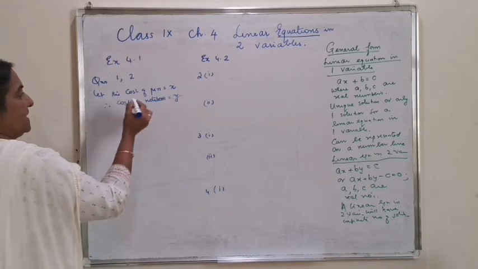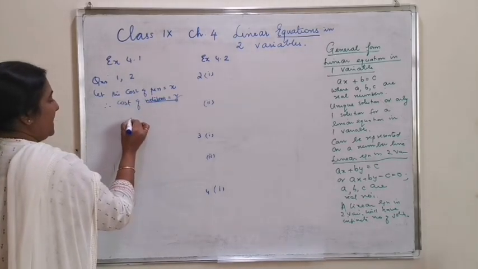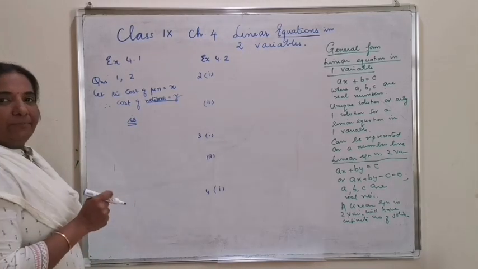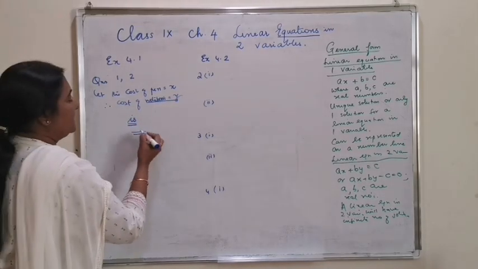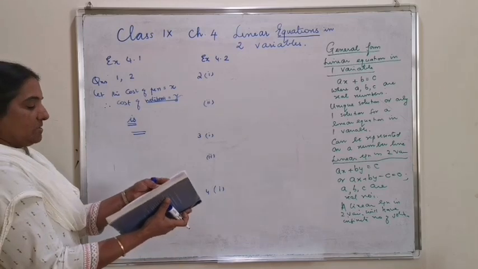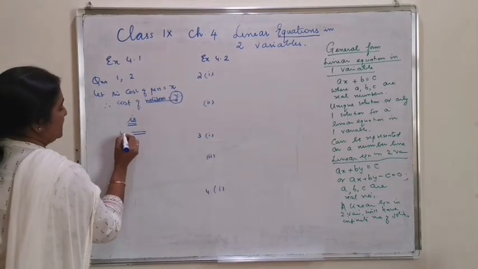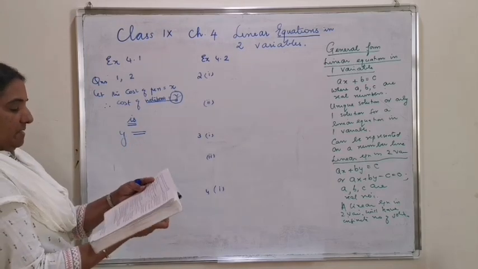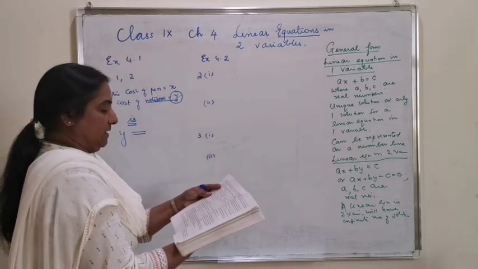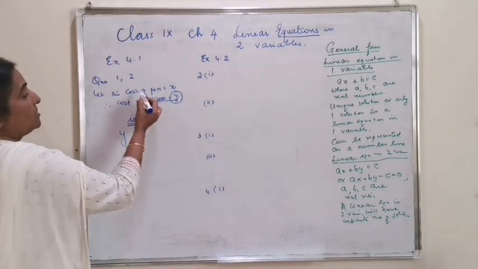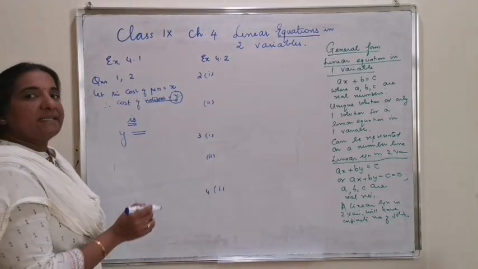The equation says that the cost of the notebook, y, is twice the cost of a pen, which you have taken as x.